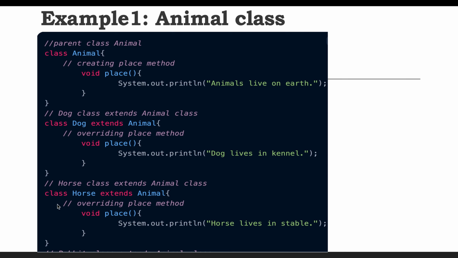And let's say another class is a Horse class, again extending the Animal class. So this Horse class also becomes a subclass. Here also, the Horse class overrides the same place method from the superclass and has a different implementation.